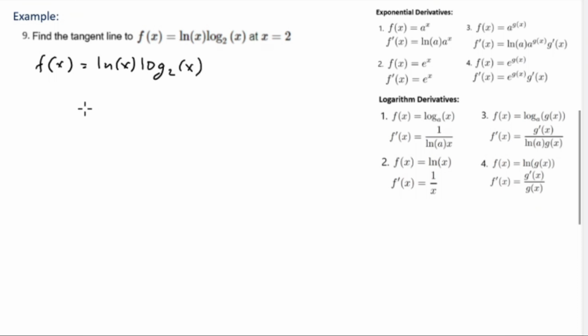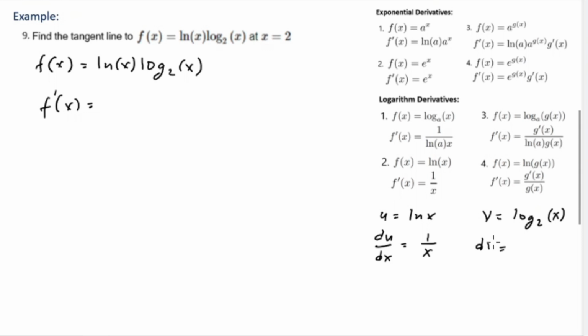Use the product rule. Let u equal ln of x, so the derivative du over dx is equal to 1 over x. And v is log base 2 of x.